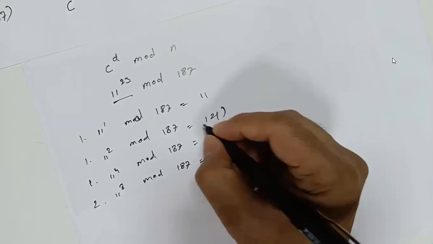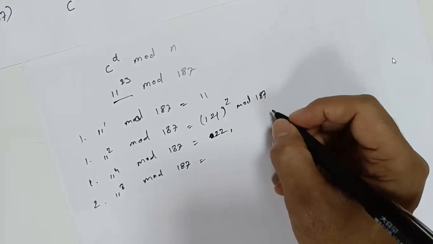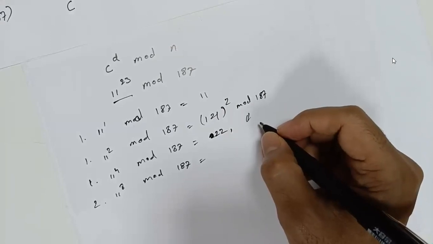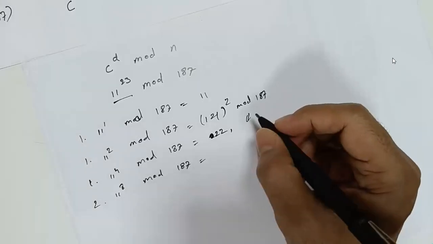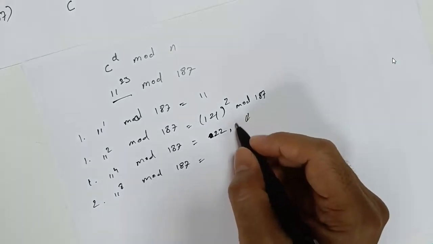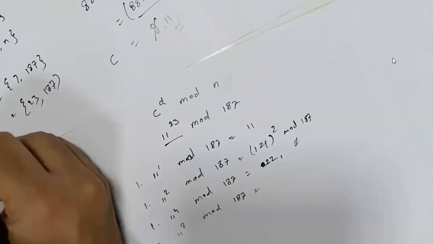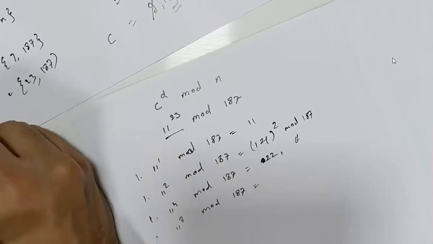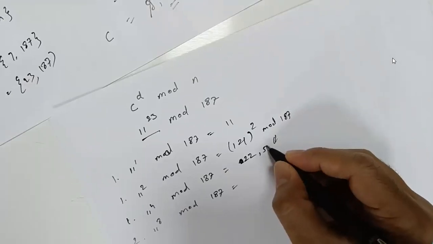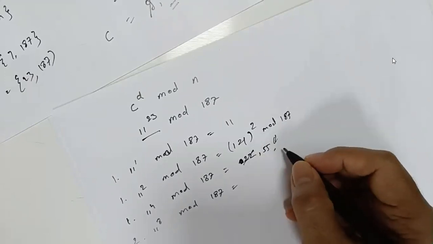Or you can do 121 raised to 2 mod 187 for getting this answer. So it is 55. Any other answer?